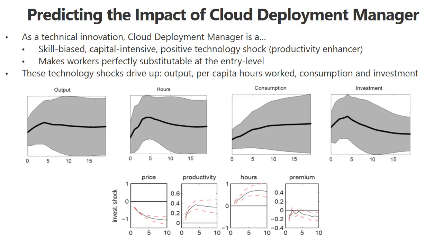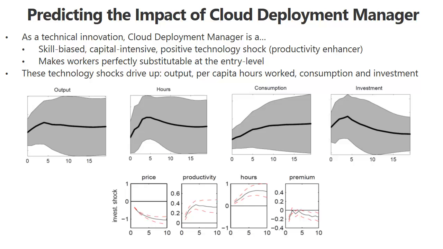More specifically, as Cloud Deployment Manager saves hundreds of hours of error-prone configuration tasks, it depends on the capital-labor substitution effect, thus easing investment. In the medium run, it will lower prices and increase productivity, but the wage premium of seasoned experts in relation to that of beginners should stay the same. Since some entry-level tasks are also removed, it will only release lower resources from the more cumbersome installation processes.